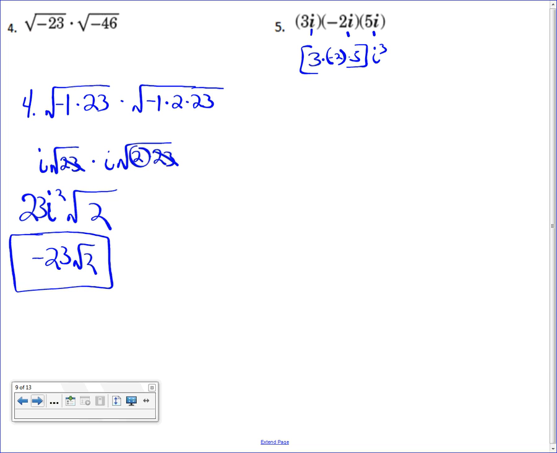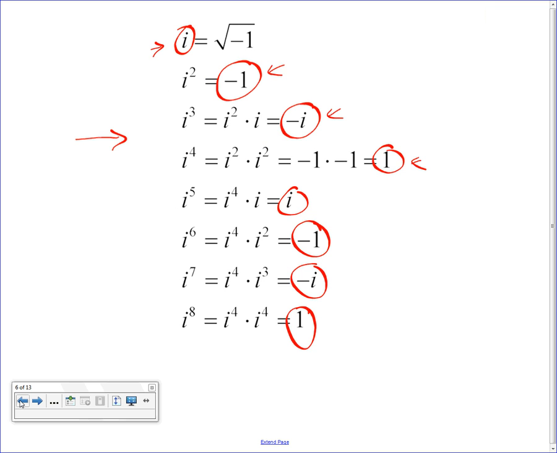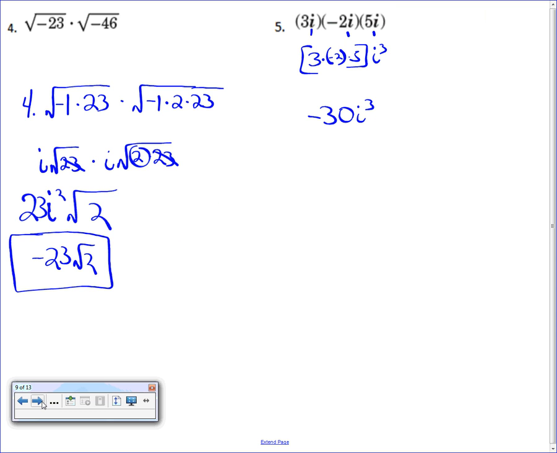That's negative 30, i to the 3rd power. Now recall that i to the 3rd power is negative i. So what I'm looking at here is negative 30 times negative i equals 30i, because a negative times a negative is a positive.